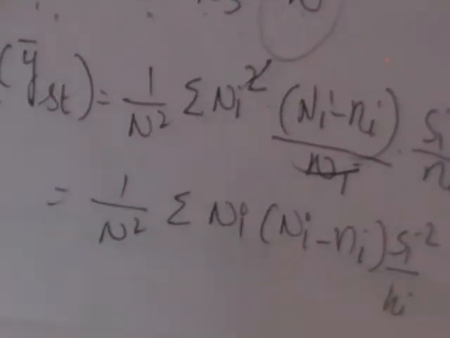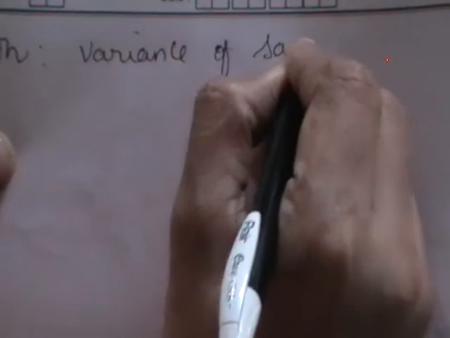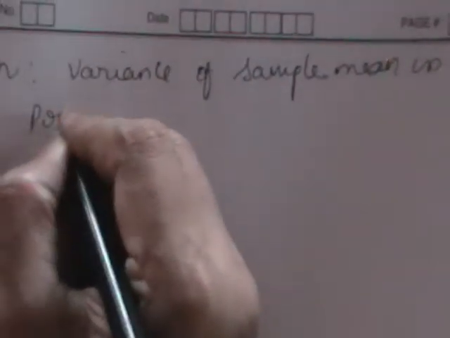So if you want to find out, you have another theorem, theorem number 3, which is the variance of the sample mean in proportional allocation.